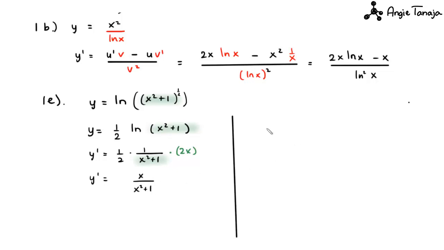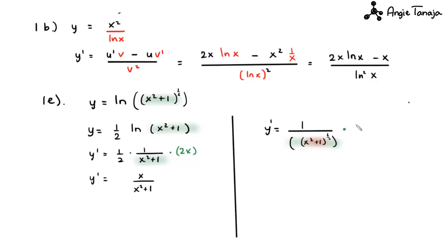Or you just directly do the derivative. Ln something, so it will be 1 over the something, and the something actually is this one. Then we have to multiply with the derivative of this, and we are not able to do so directly. So we also let this be another something.